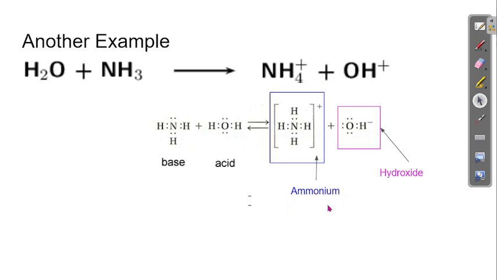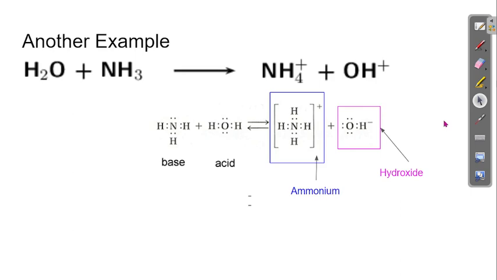It's a polyatomic ion that's in your table. And the water, when it loses that hydrogen, becomes a hydroxide ion, which is also in your polyatomic ion table. Okay? So here's the Lewis representation of the reaction, and here's the reaction itself. The water was the acid here, donating one of the hydrogens to the base, which was the ammonia, to give you the ammonium and the hydroxide ions.